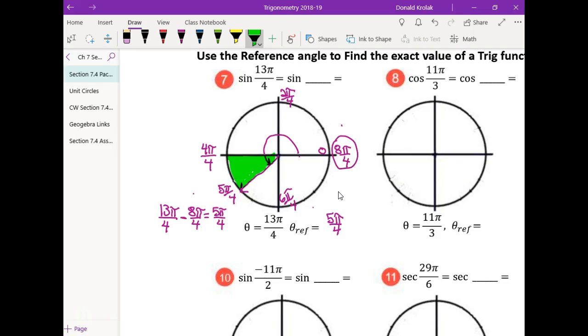Okay, and Elijah, what would that reference angle be? Pi over 4. Yep. So 13 pi over 4 is exactly the same as drawing pi over 4.